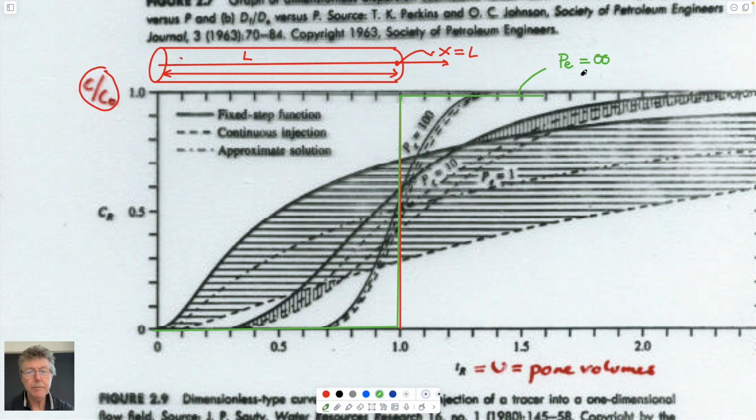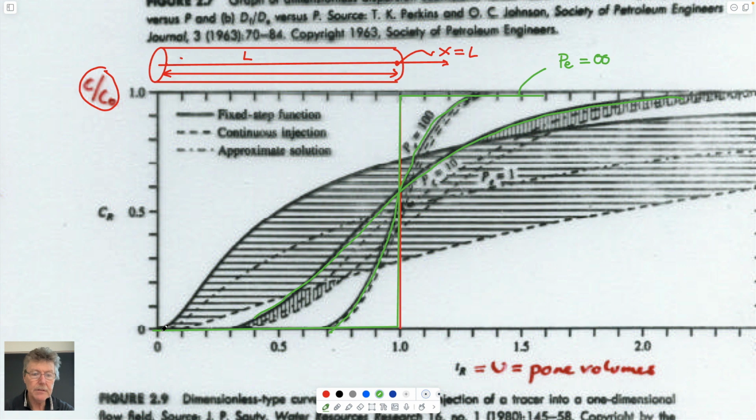But when you look at Peclet numbers which are progressively smaller than infinity, then this is for 100. This is for 10. These different curves are for a bunch of different boundary conditions. But if you take the solid curves, it's for the equation that we mentioned.